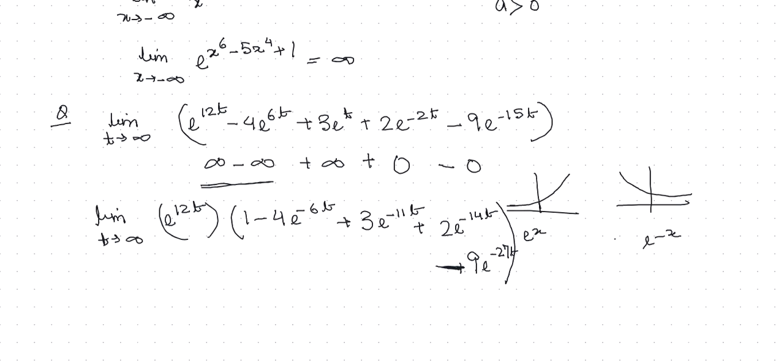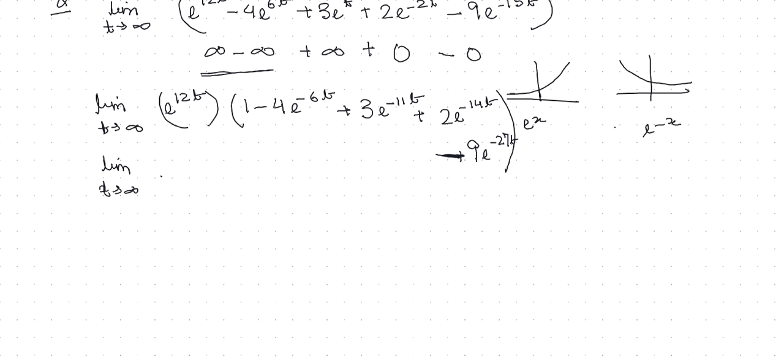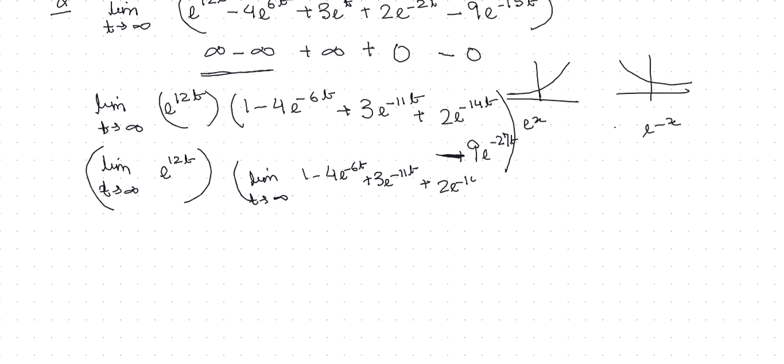So we know now we find limit t tends to infinity of e^(12t), and limit t tends to infinity of 1 minus 4e^(-6t) plus 3e^(-11t) plus 2e^(-14t) minus 9e^(-27t).